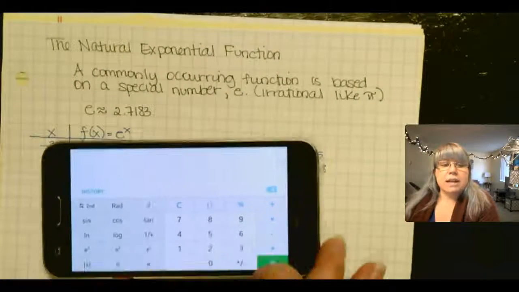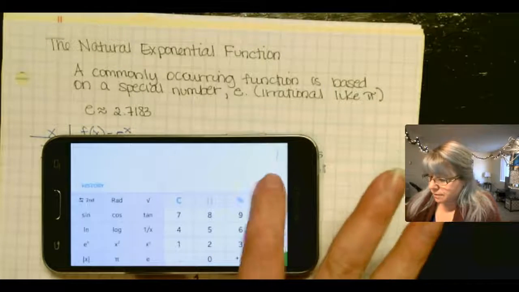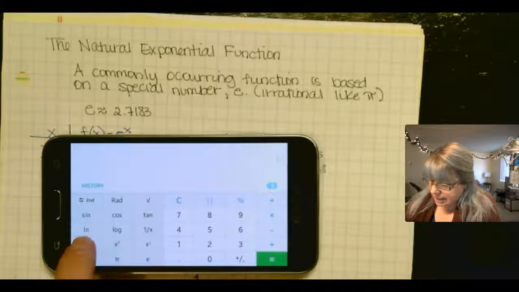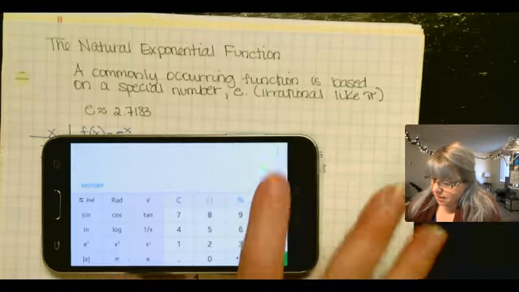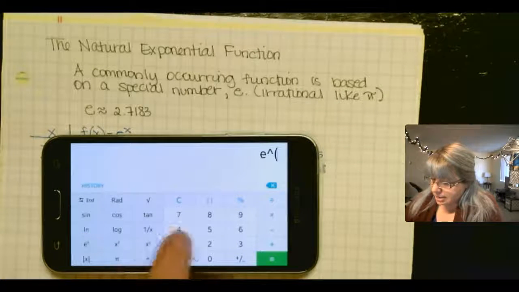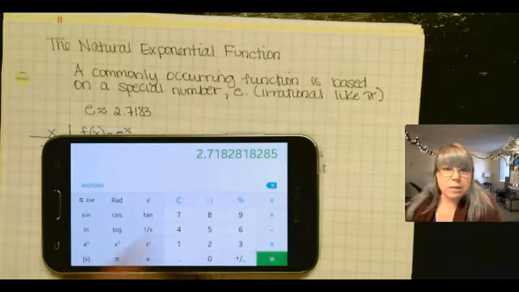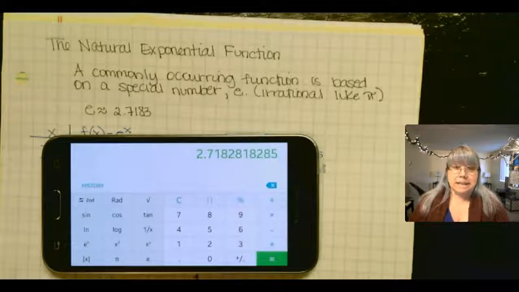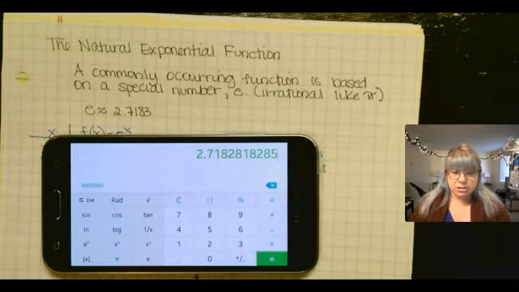So here on my calculator, I have an e to the x. Some calculators work one way. E to the x with x equal to the first power will tell me a little bit more of what e is. It certainly doesn't tell me all of the digits of e because it's irrational, so the digits don't stop.